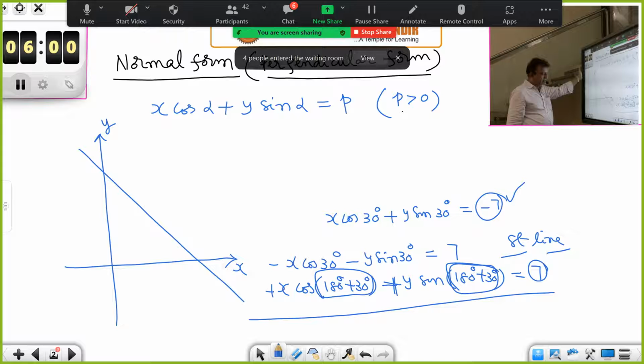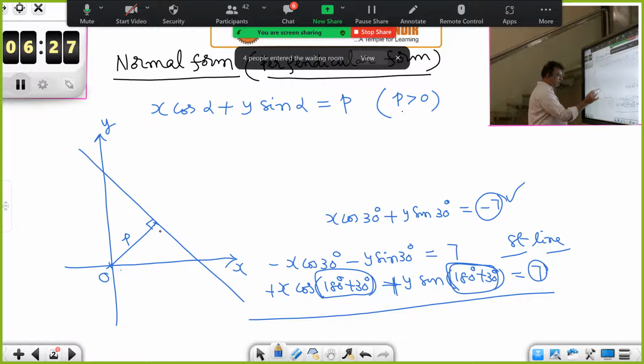Sir, it's the distance from the origin to the point of contact on the line. No, origin to the line. Sir, the perpendicular distance from the origin to the line. Correct. Perpendicular distance from the origin to the line. Or simply you can say distance from the origin to the line. Origin distance means perpendicular distance only. Shortest distance. So that is p.